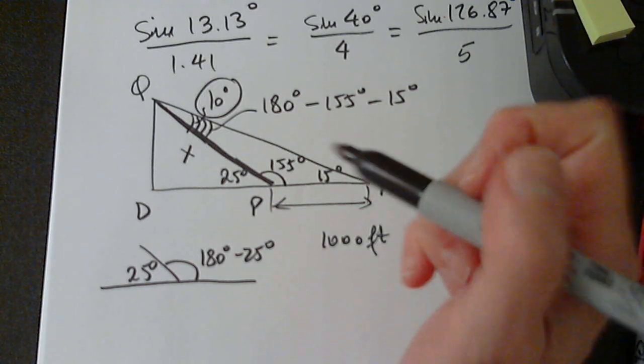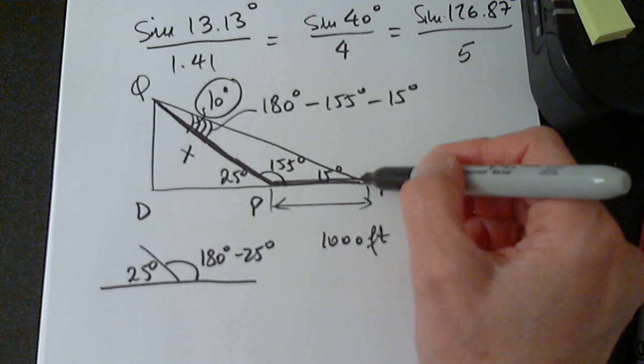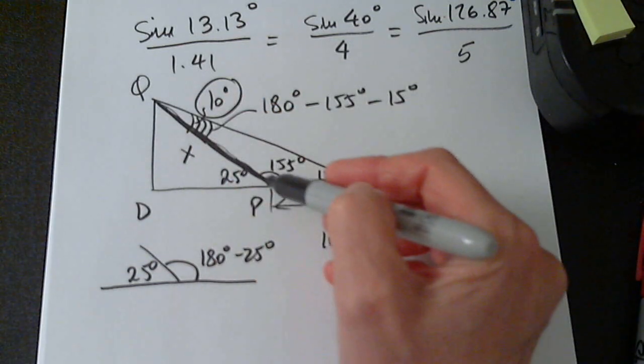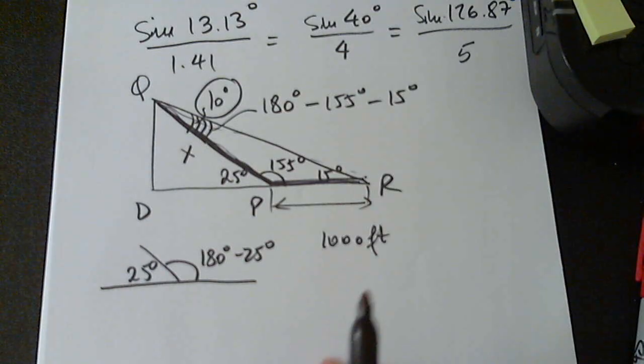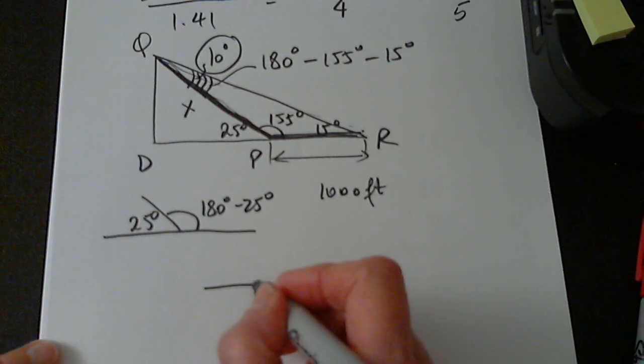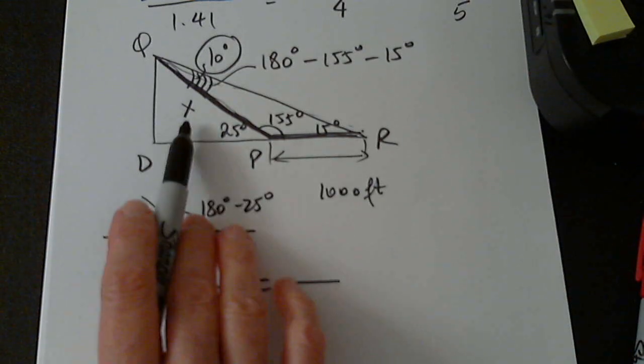Perfect. So now I know this piece, which is 1,000, but I don't know this. And indeed, I do not know the longest side. However, I only need the proportion. I don't need three pieces. Only a proportion is what I need to determine X.